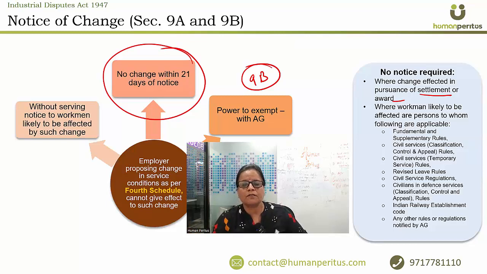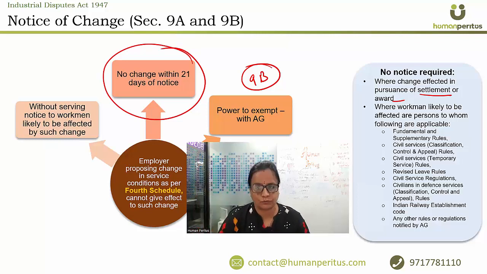Because this award is given by the labor court or the industrial tribunal, or because both of them are mutually agreeing with respect to the change in the condition of service. So that is why automatically there is no requirement of serving this 21 days notice.